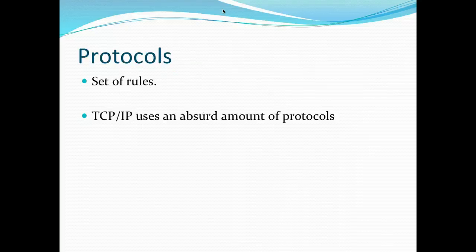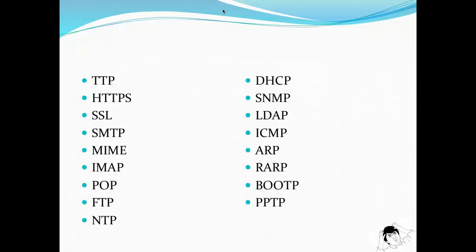TCP/IP is basically a huge set of protocols, and a protocol is just a set of rules. And it uses a lot. As you see, I'm not going to name all of them off, but it's kind of mind-blowing that there are this many of them.